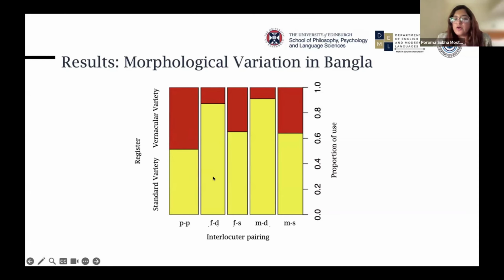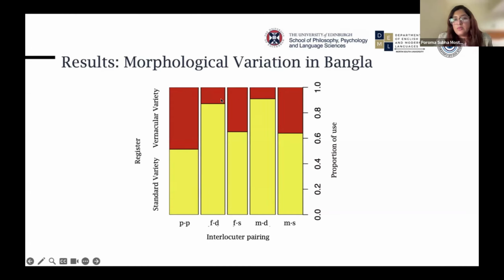But when it comes to father to daughter, the use of the standard variety goes up quite a lot, though it's not the same as in father to son interactions. The same thing happened with mother to daughter interactions, where we see a greater significance in the standard variety compared to mother to son interactions.